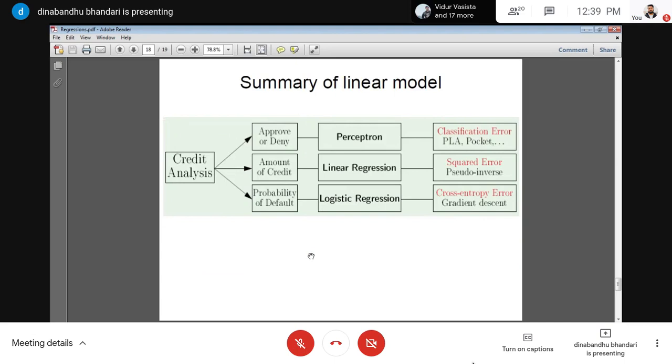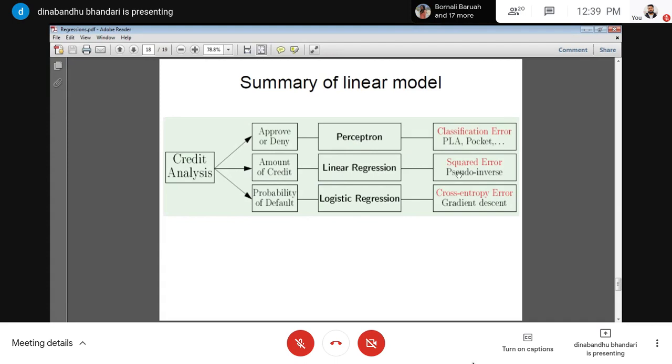Just to summarize whatever we have learned so far, say take the credit analysis. You approve credit or not, there is a perceptron, right? There is a classification, and we have used PLA. I didn't talk about the pocket algorithm, so forget it. At least we have learned one algorithm, PLA, perceptron. For the estimation of the amount of credit limit, that is linear regression, right?